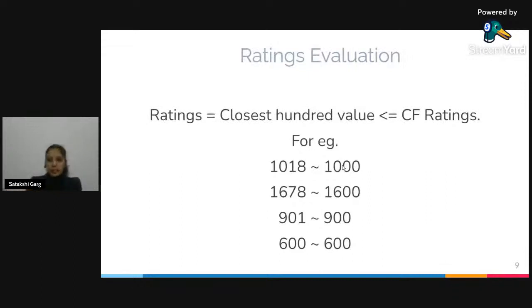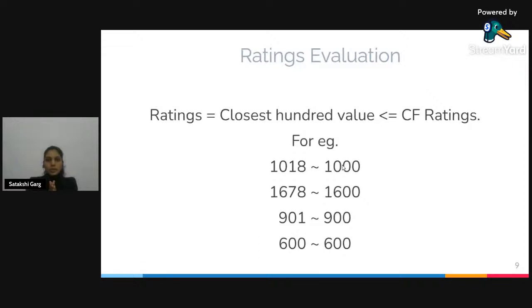So your rating would be considered as 800 and not 876 by the system. Then suppose your rating is 899, again it will be considered as 800. But if your rating is 900 or 901, then it falls into the category of 900s, right? So I guess this part is clear. This is something basic which the system is using, and you don't have to worry about it.